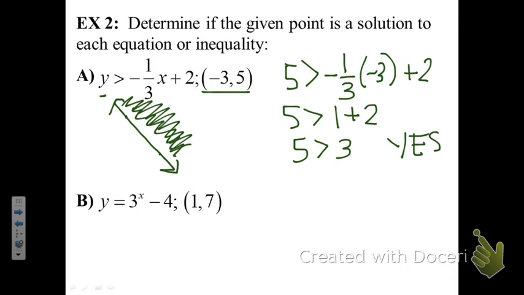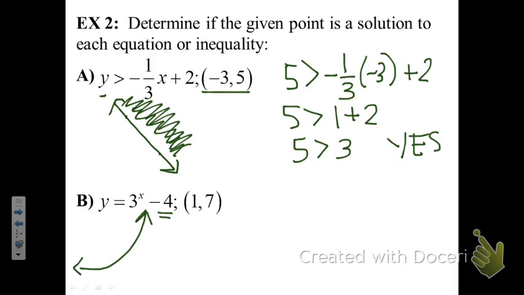We go to the last example, for B. We're going to do the same thing. This equation that's given to us is actually exponential. You realize that because the x right there is an exponent. Because of that exponent, we're going to go ahead and solve that. Remember, it will end up looking like a curve if we were to graph it.